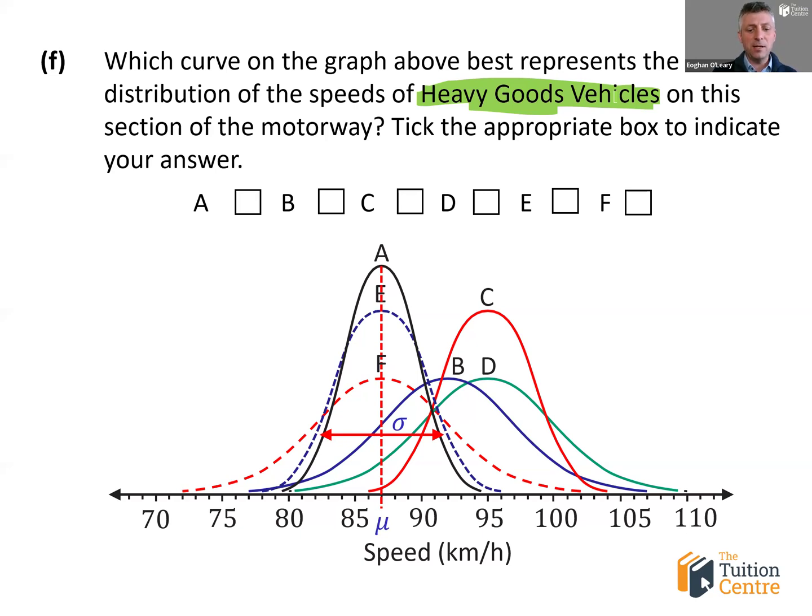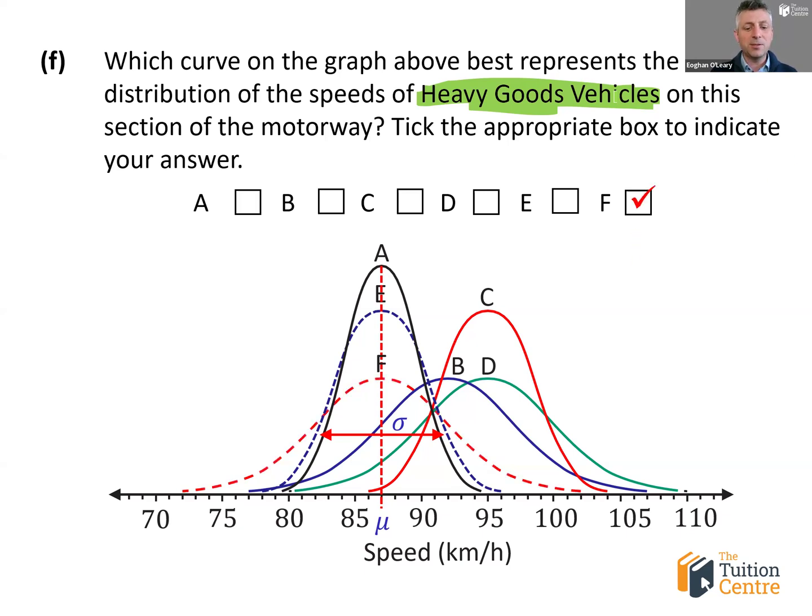And our standard deviation, well, one could say it could be more, it could be less. But because there's a wider room to get up as far as the speed limit of 100, you could certainly make the case that the standard deviation could be larger. Equally, you could imagine some heavy goods vehicles going very slowly.